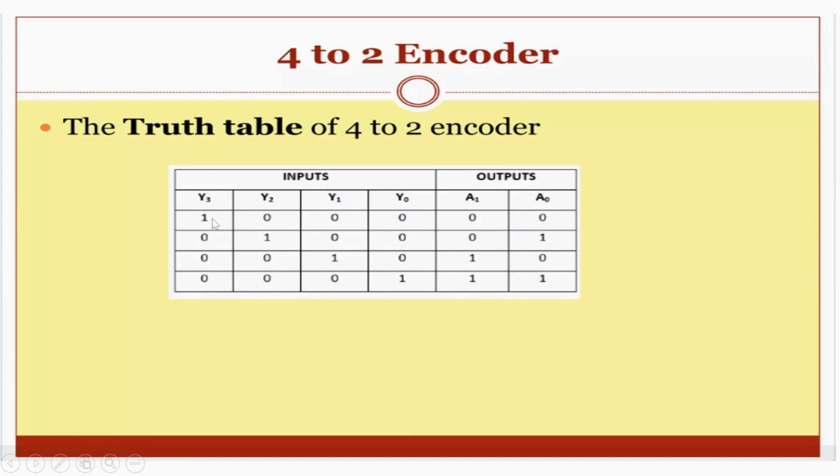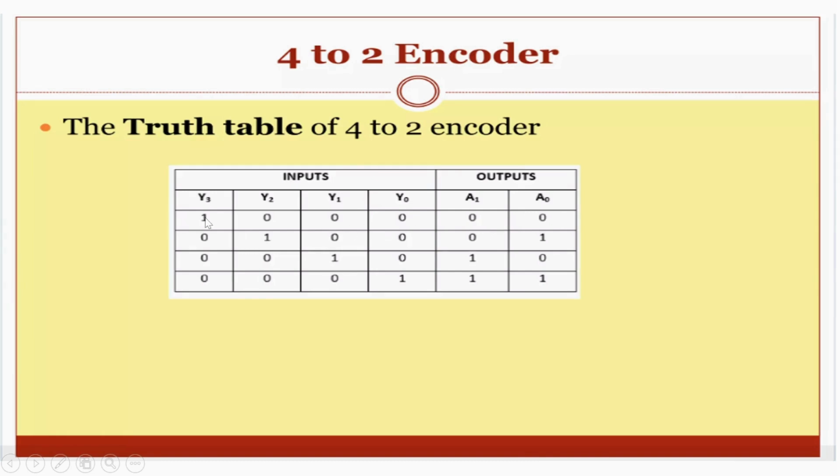If you press switch 0, the output we'll get is the binary value of 0. What is the binary value of 0? It is 0 and 0. So we're getting 0, 0.